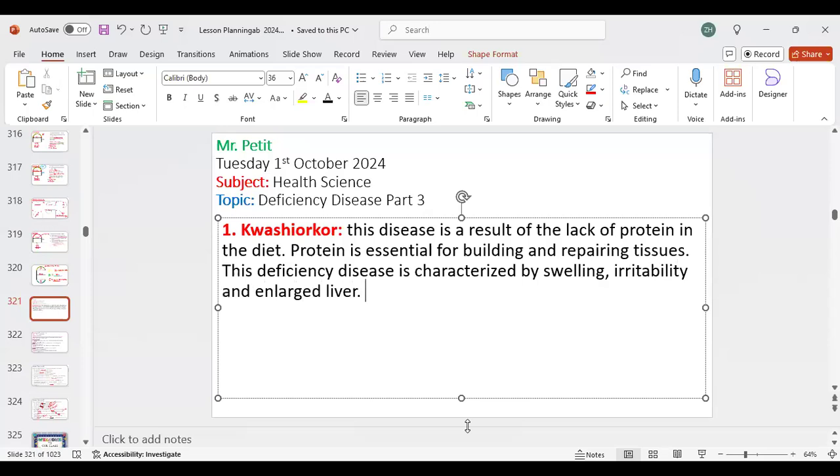So that's kwashiorkor. What is needed to avoid kwashiorkor? You need protein in the diet, like legumes. We can talk about the sources right now.